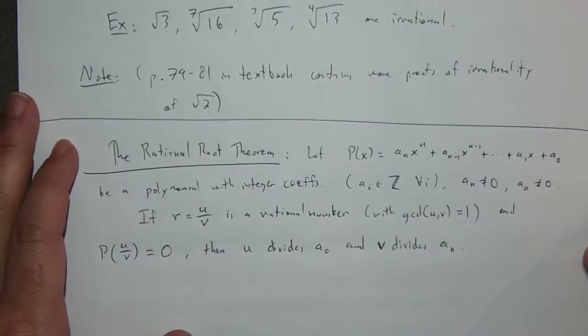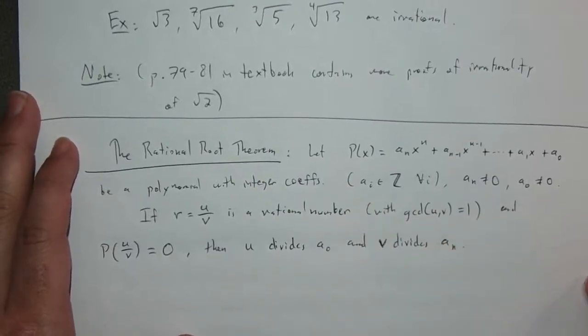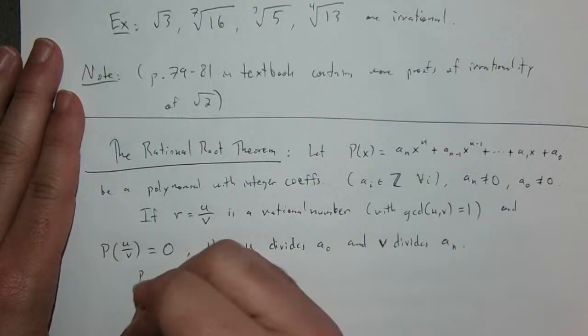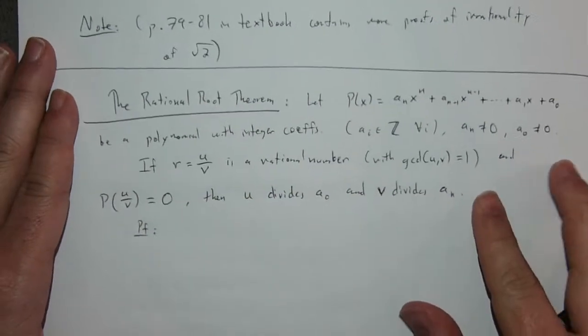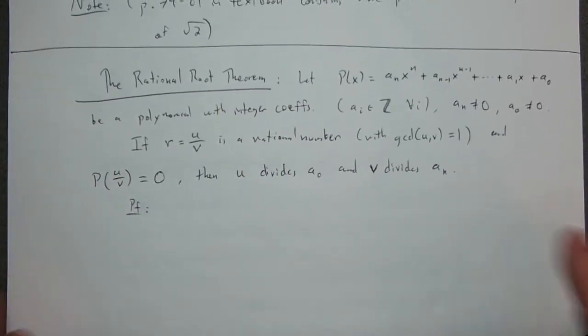Okay. So anyway, how does this work before I do an example here? All right. So I have a polynomial of degree n. There it is written there. And I'm assuming that I have a rational number in lowest terms that is a root of this.